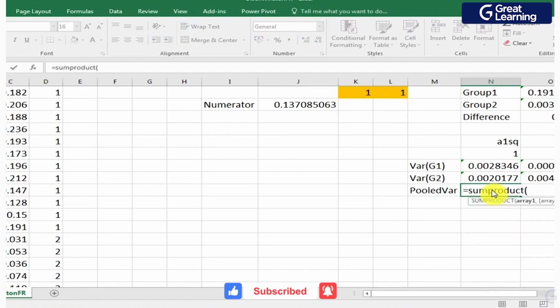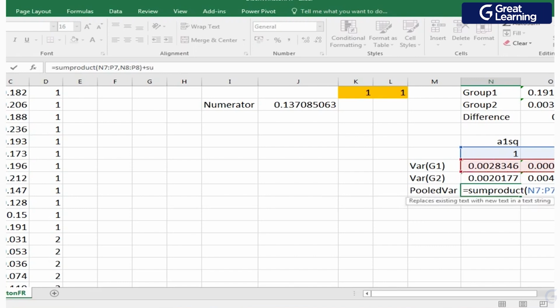Let's not lock it because we are going to multiply. I thought I should lock it here. Comma, this one, plus some product. I need not lock it because I am going to use this again, comma the second one.